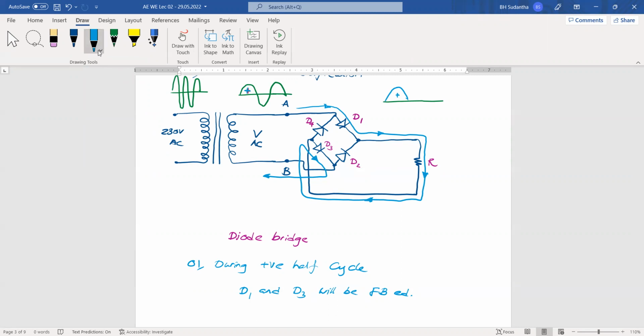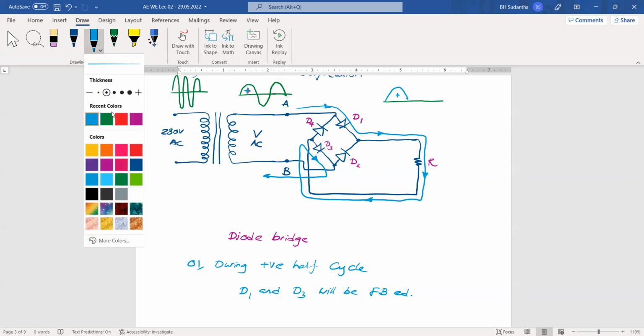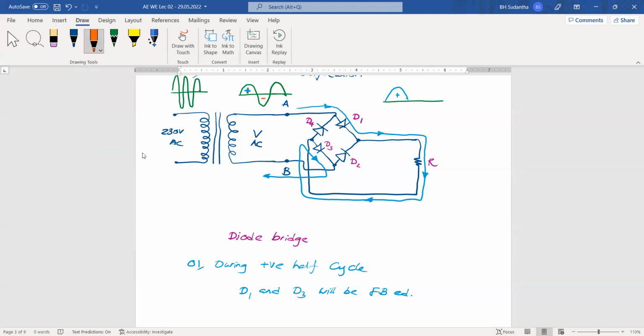This negative half cycle, this one. What will happen? You can understand this with respect to point B. At A, before, we had positive voltage.